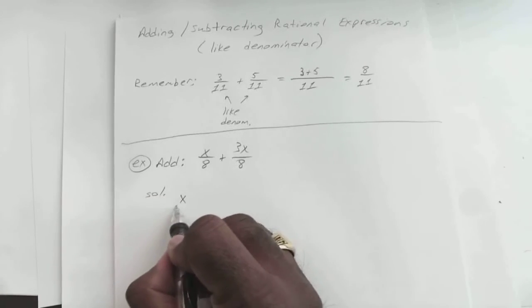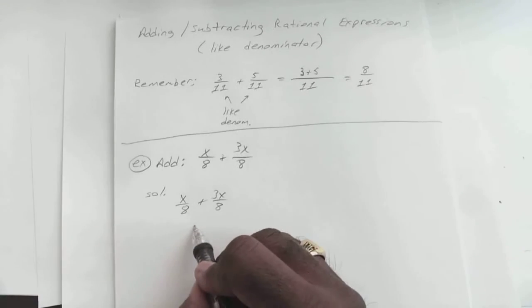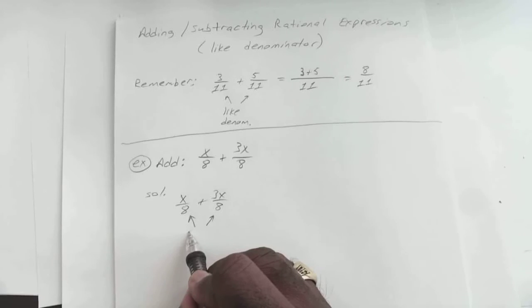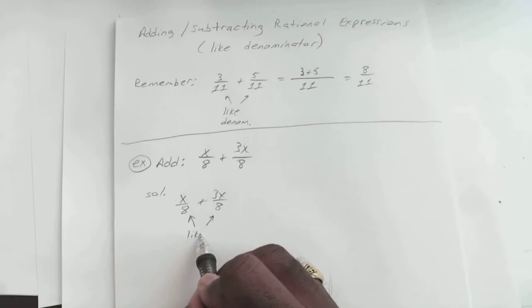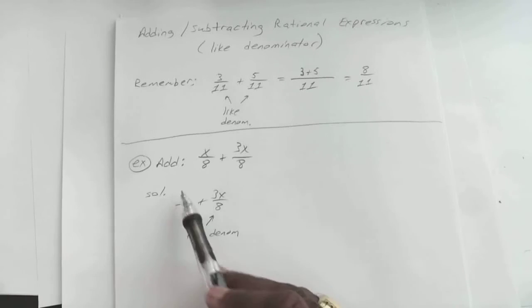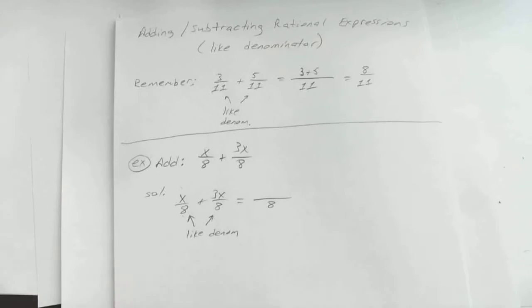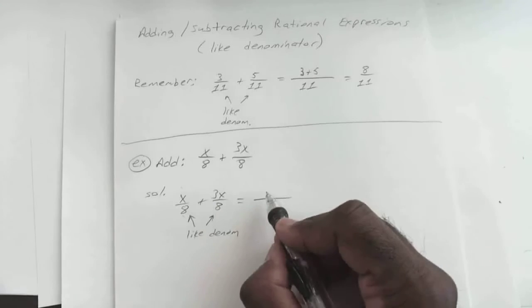You can see you have the same denominator. So something over 8 plus something over 8 is going to give us something over 8. All we have to do is add our numerators, so it's just x plus 3x.